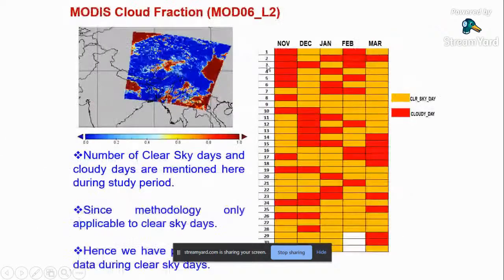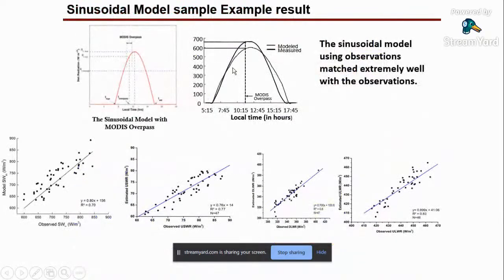Though the MODIS sensor gives overpass times of nearly 10:30 a.m. and 1:30 p.m., we need the diurnal variation of net radiation from this one point. So for that we have used a sinusoidal model to compute the diurnal variation of net radiation as shown here.